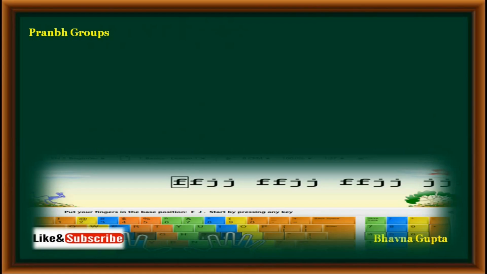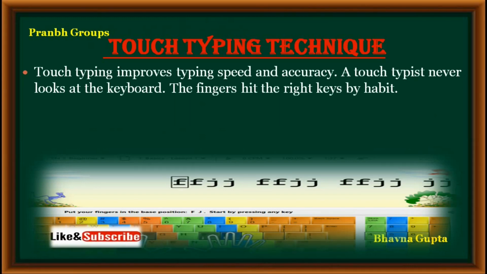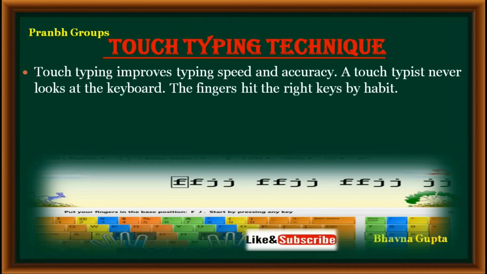Next topic, touch typing technique. Touch typing improves typing speed and accuracy. The practice of typing using the touch typing procedure improves typing speed and accuracy. It enables a touch typist to type without looking at the keyboard.